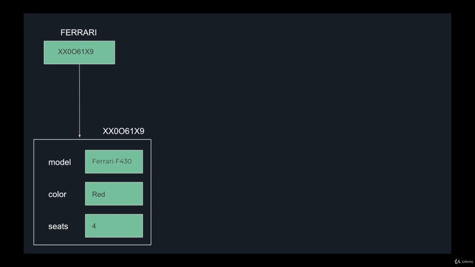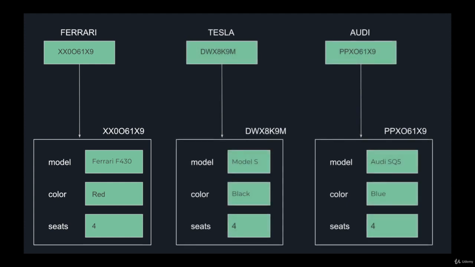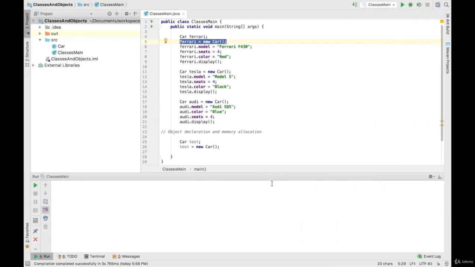In a similar way it works for all the other objects. Like in the last lecture we created multiple objects of Tesla, Audi, and these reference object variables were pointing to the corresponding memory blocks, and data was stored in those corresponding memory blocks. So this is how object creation in Java works. Whenever you declare an object, a reference variable is created in memory, and when you use the new operator, memory is actually allocated to that particular object.